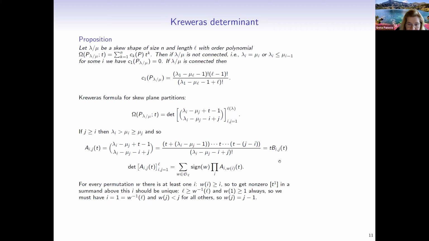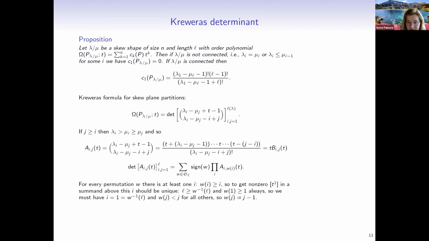One case where this happens is when i is equal to 1. Another case where it happens is when w_i is equal to l. So you get these inequalities. And so that you don't get more than one such instance, you're forced to have w of 1 equal to l, so that these two cases coincide.